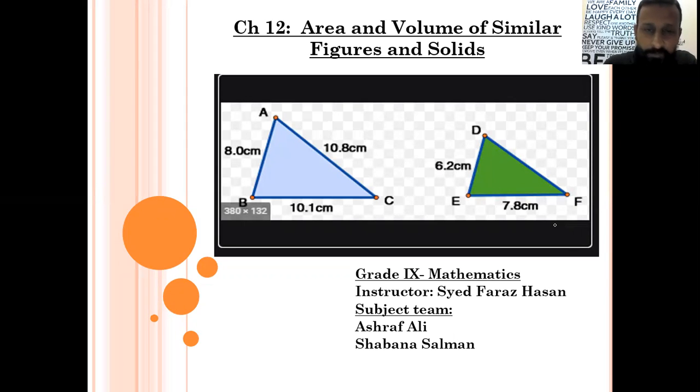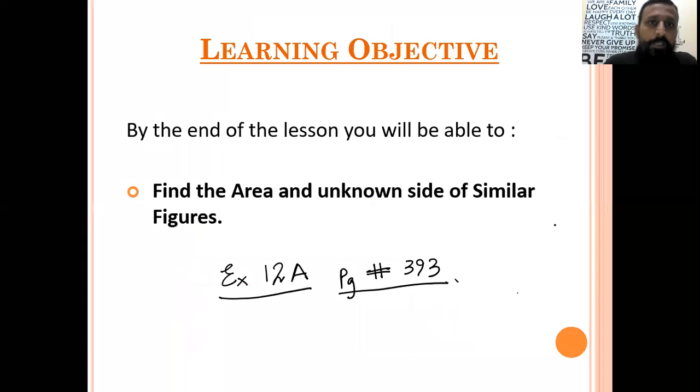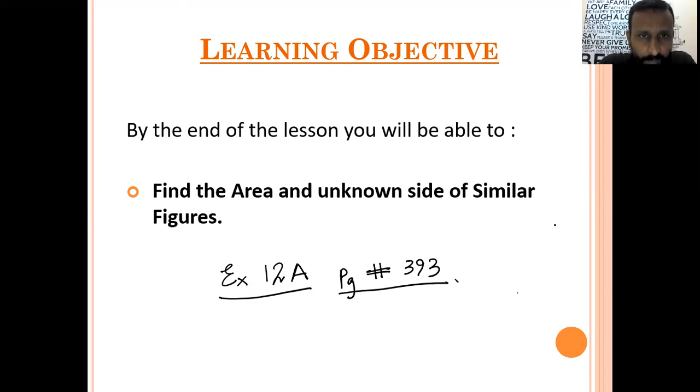So let's start the first exercise, boys and girls. This is the learning objective for this. By the end of this lesson, you will be able to find the area and the unknown side of similar figures.